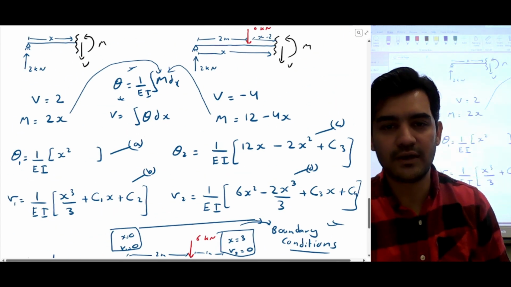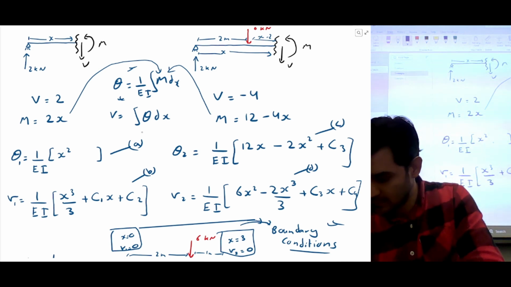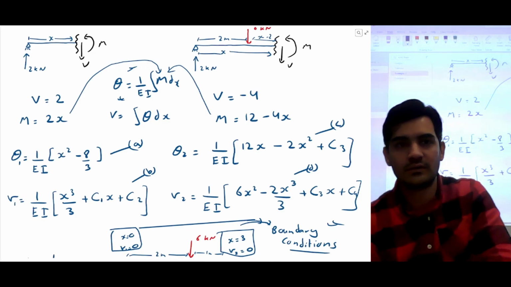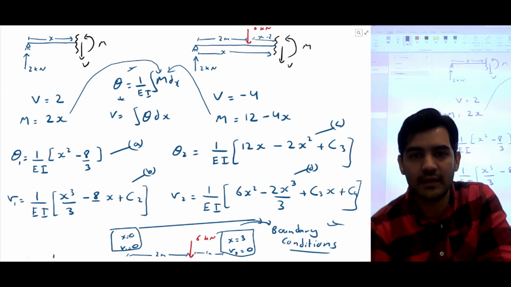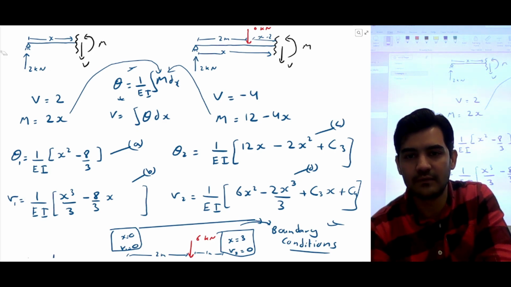So I'm going to write down the final equation. This is C1, right? Or let's just write it here. This is minus 8 by 3, which is C1. So C1 is minus 8 by 3 and C2 is 0, right?